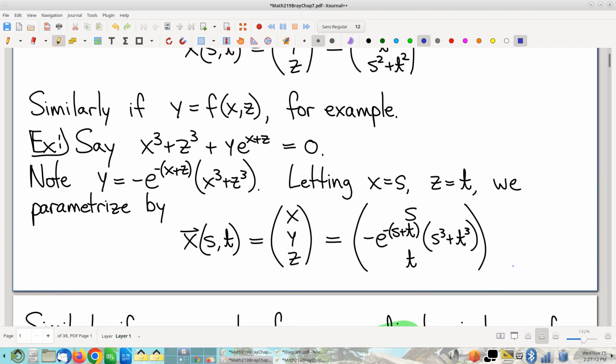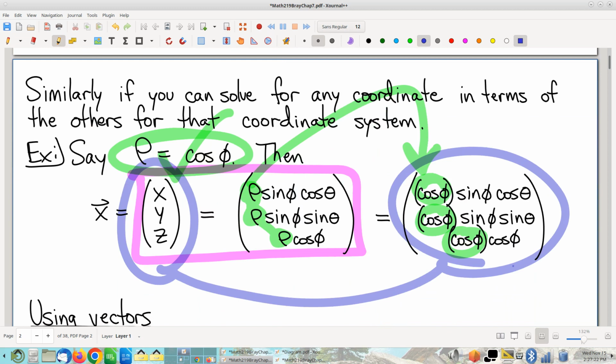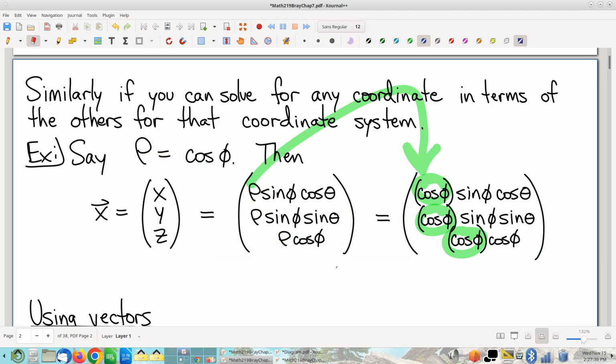I'm always scared, in some sense anyway, when I have a potential confusion of variables. Here we don't. Phi and theta are now inputs. X, y, and z are outputs. I don't really see much to be gained by changing them to s and t. But again, you're welcome if you want.